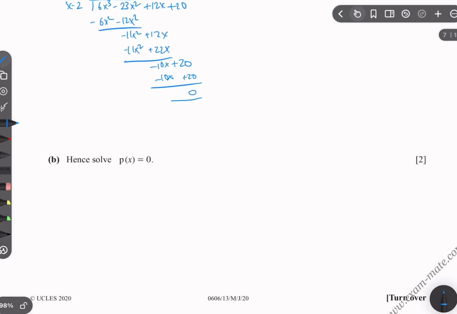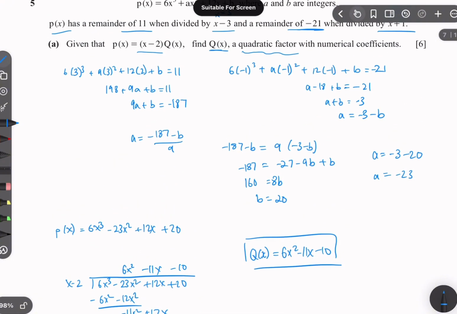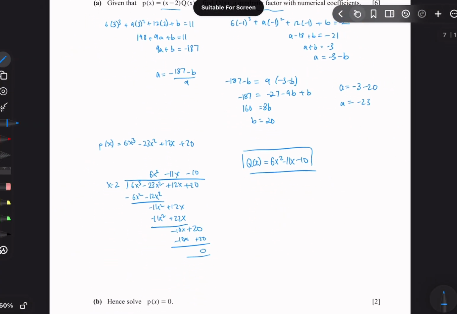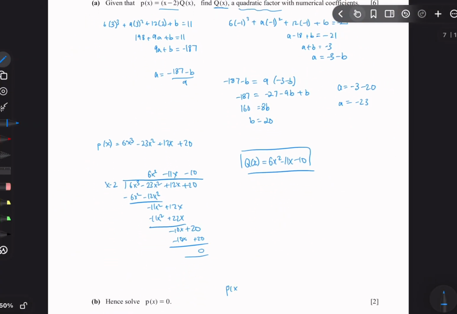Part B, solve p(x) equal to 0. Okay, so let's just rewrite p(x).